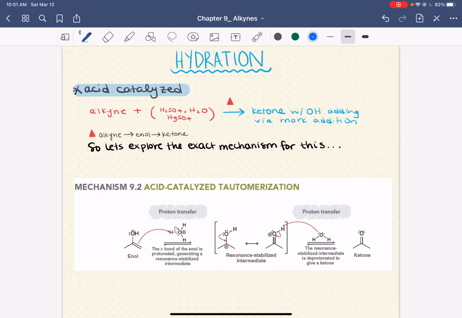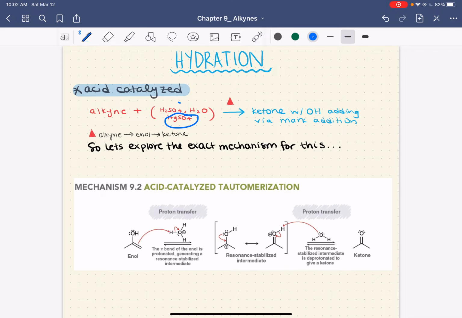Now, next up, alkynes are also observed to undergo hydration. They're specifically observed to undergo acid-catalyzed hydration, and that's what we're going to talk about first here. In this reaction, your alkyne reacts with sulfuric acid, water, and this mercury sulfate reagent to produce a ketone with an alcohol group added via Markovnikov addition.